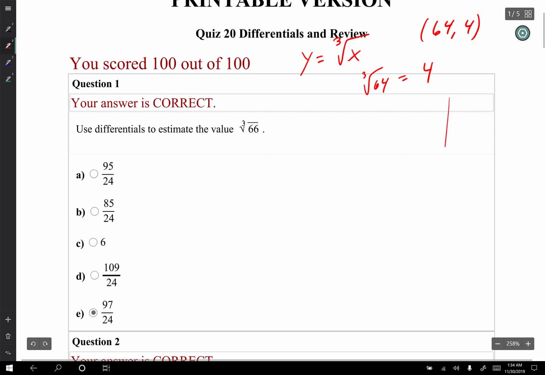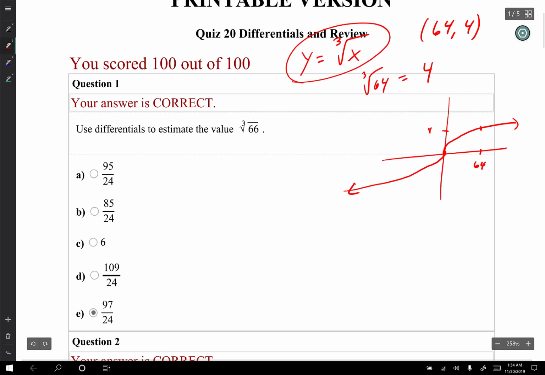In case you want a visual of what we're doing, if you were to graph y equals the cube root of x, it would look something like this, with a vertical tangent there. I'm exaggerating it right here, guys. That's 64, and there's 4. Then I'm finding a tangent line, and if you zoom in on that tangent line and go to 66, 66 is practically on the curve, because the tangent line and the curve are almost the same when you zoom in around 64.